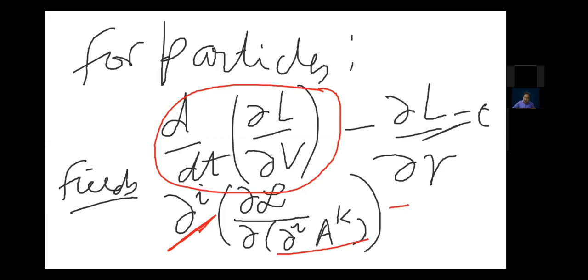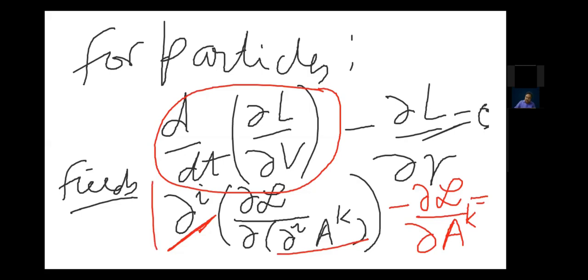Now, minus the second term, del L by del R. In place of R, I will write the coordinates of the fields, which are nothing but A k, and you put it equal to 0. Please see, these are going to be our equations for our use. This has to be 0, and it is the equation that we will now be using.